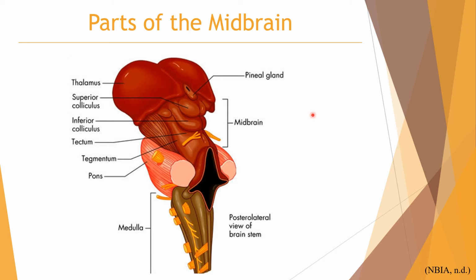The primary role of the midbrain is to act as a relay station for our visual and auditory systems. Portions of it are called the red nucleus and the substantia nigra, which are involved in controlling the majority of body movement and also contain a large number of dopamine producing neurons.